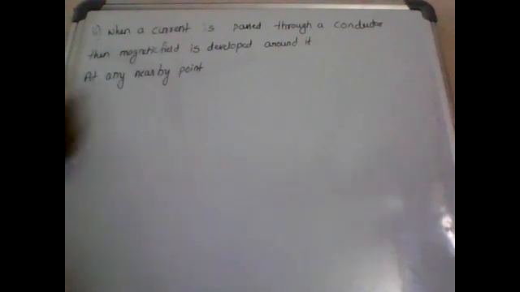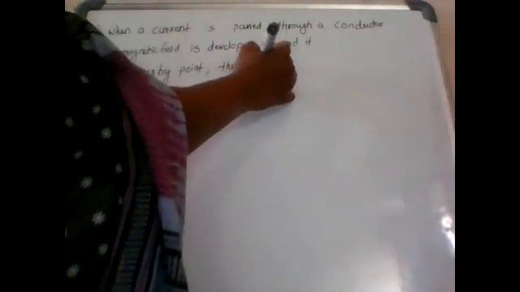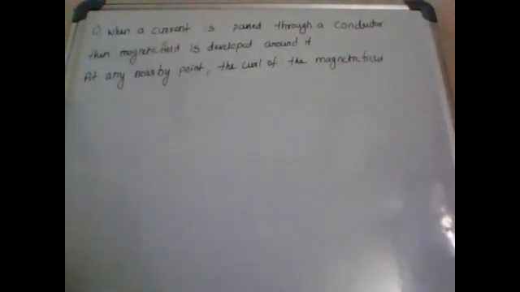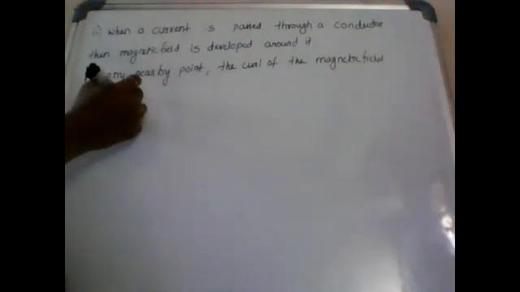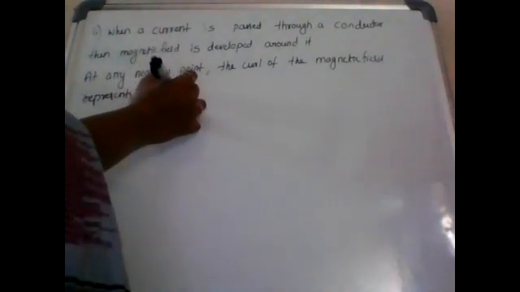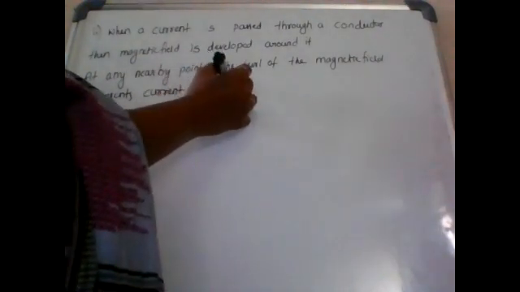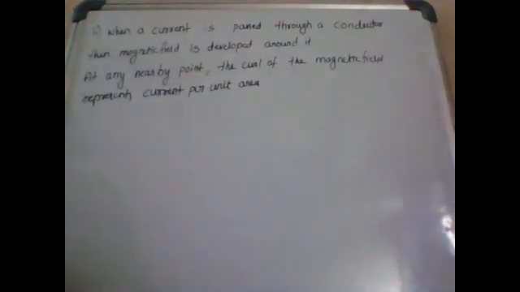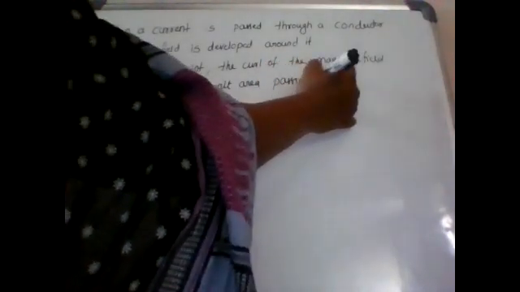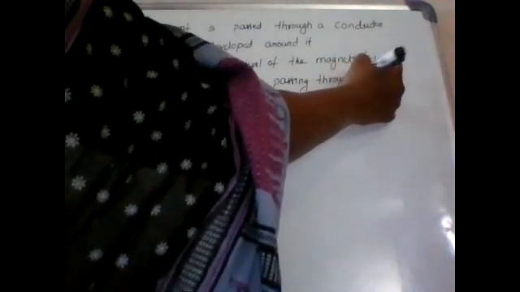The curl of the magnetic field represents current per unit area passing through that point.